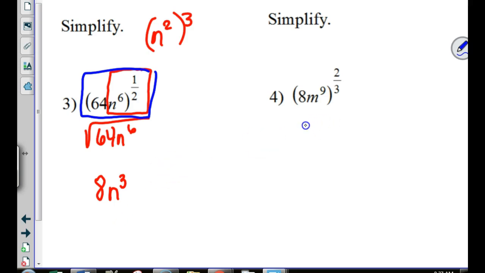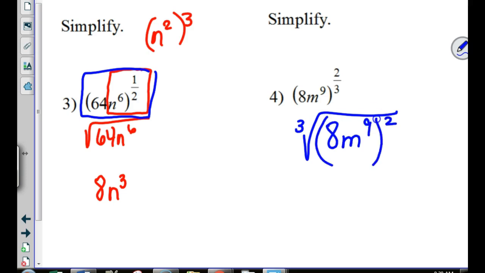Over here, what's the number outside? It's not a square root, it's what? Cube root of 8m to the 9th squared. But do you also remember I said you could write it like this?